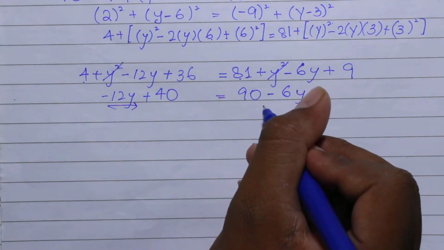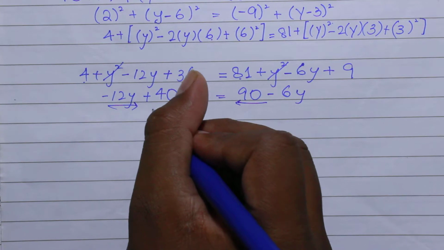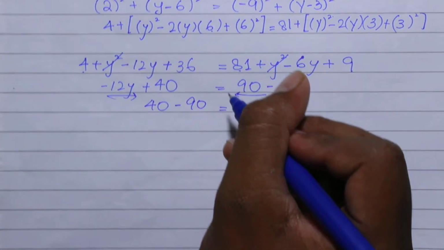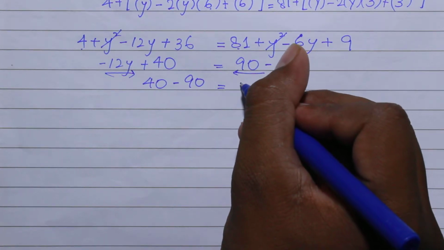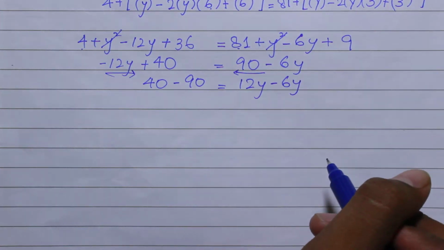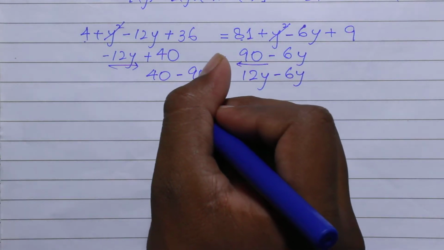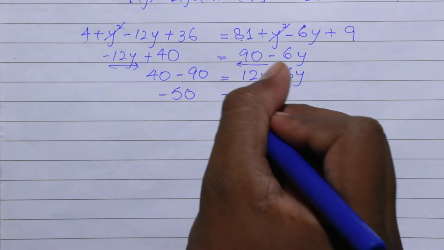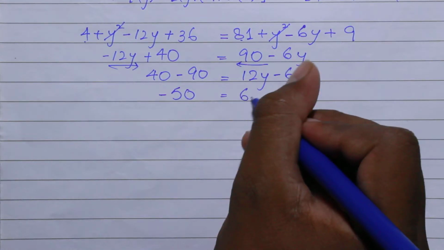Transpose the minus 6y to the left and 90 to the right. So 40 minus 90 equals 12y comes here with the positive sign, then minus 6y remains. 40 minus 90 gives you minus 50, and 12 minus 6 gives you 6y.